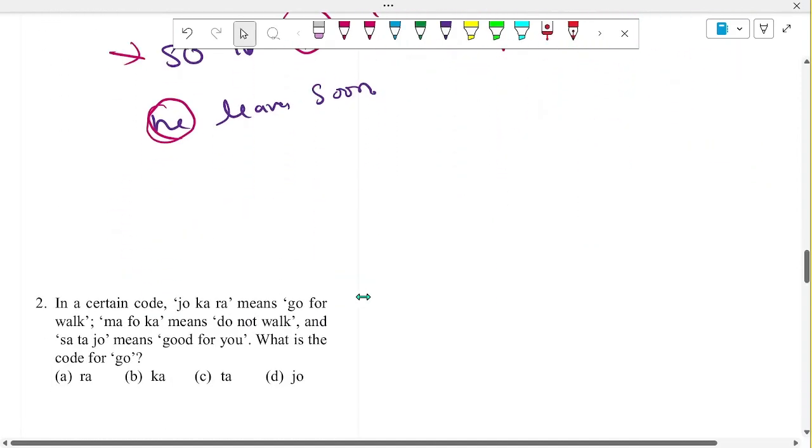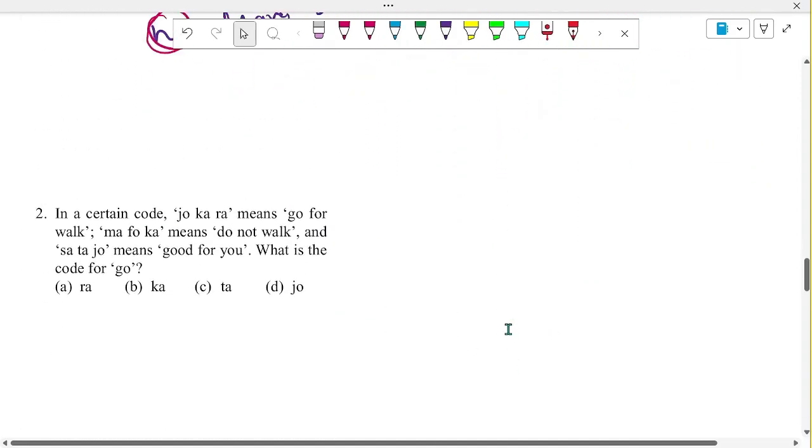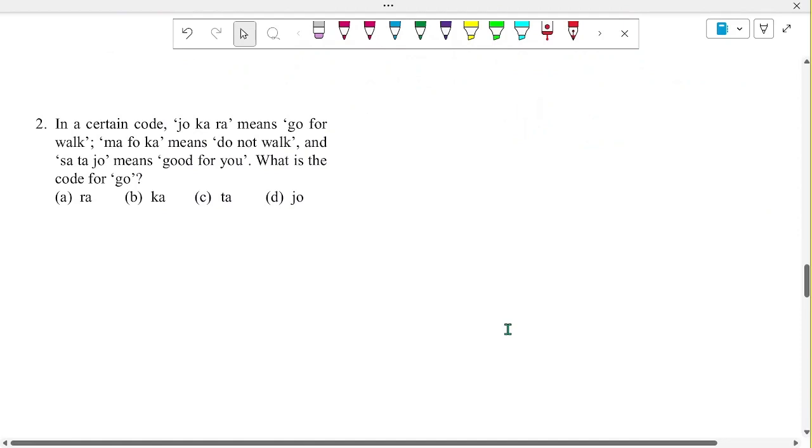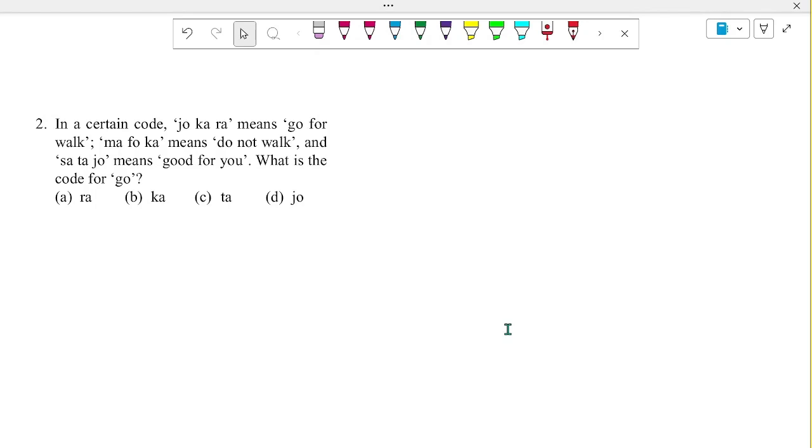Okay, we'll see a similar question. Just try to solve this one. Use the same method and try to tell me the answer to this question. Just mark the similar words, walk and walk.